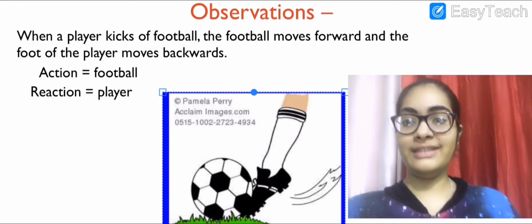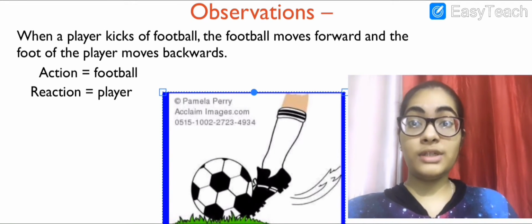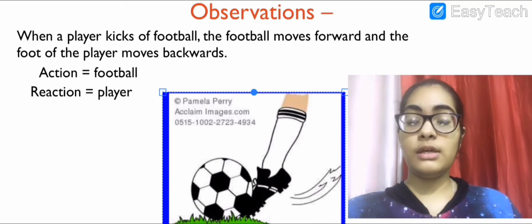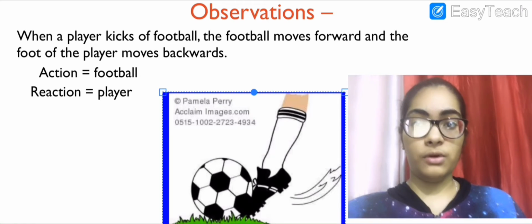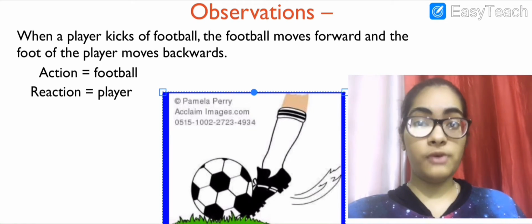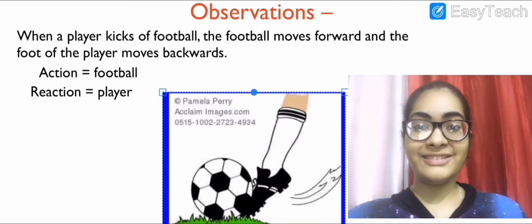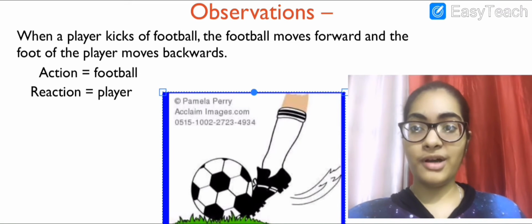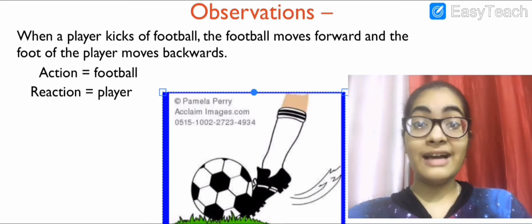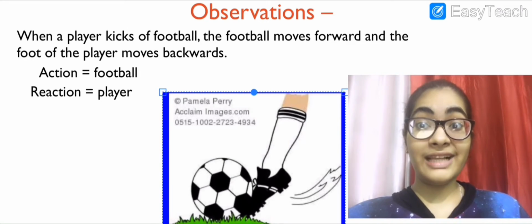Yes, children. So before we see what exactly is Newton's third law, let's see some observations. When a player kicks a football, the football moves forward and the foot of the player moves backward. Ever tried playing football? You must have observed that, felt that really.